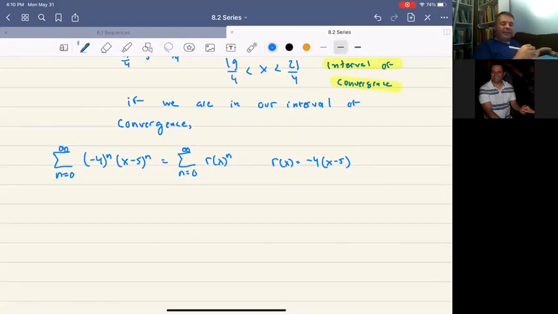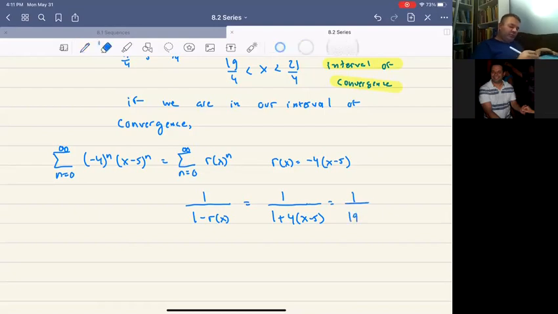Remember, that's going to equal our first term, 1 over 1 minus r of x. So that's going to be 1 over 1 plus 4 times x minus 5, equals 1 over 4x minus 19.